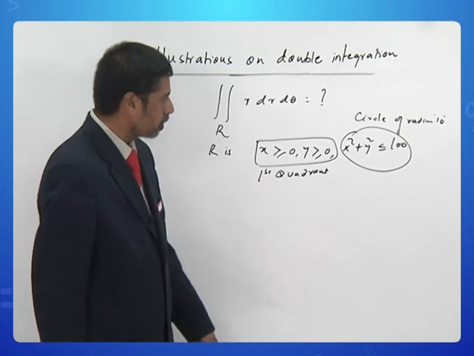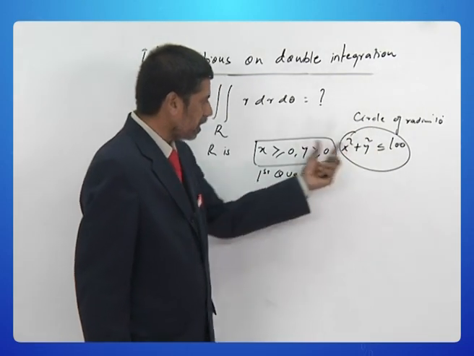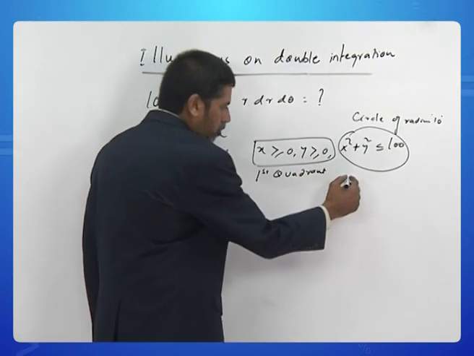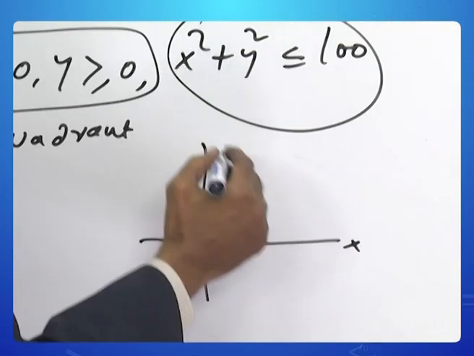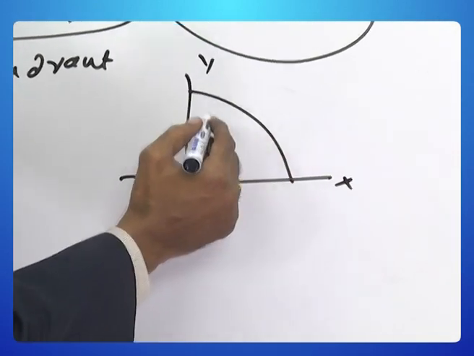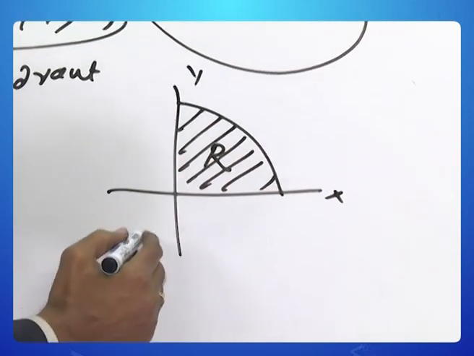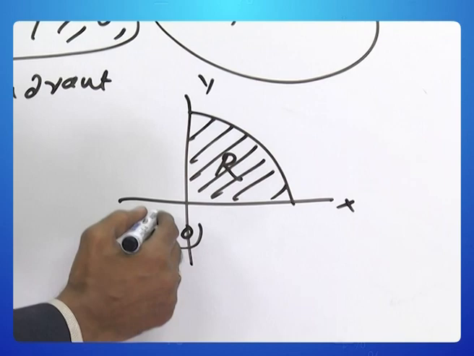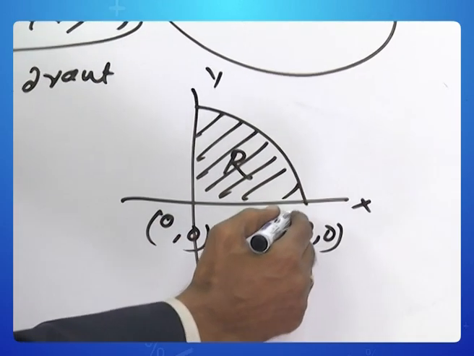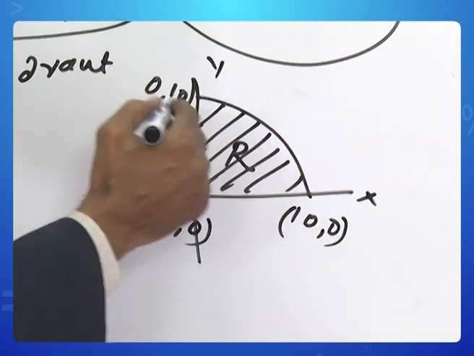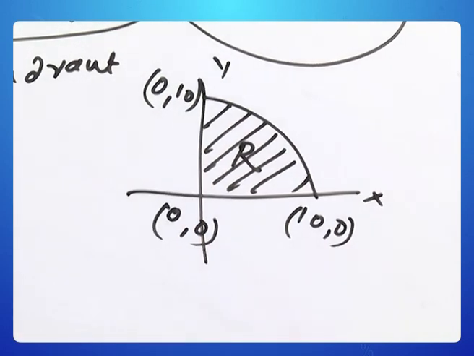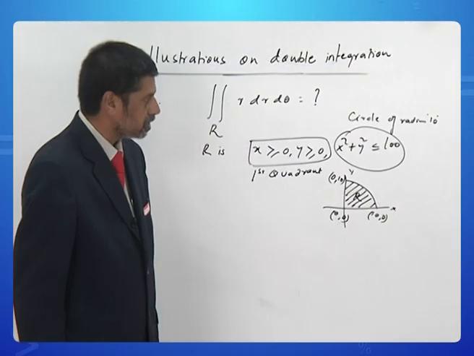So we want to look at a circle of radius 10 in the first quadrant. So this is the region of integration. Origin to 10, 0, 0, 10. So it's a quadrant of a circle of radius 10 units.